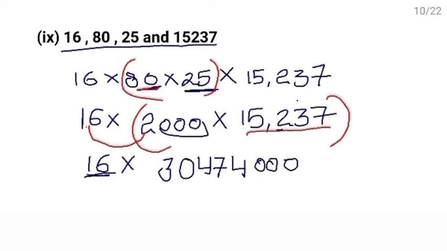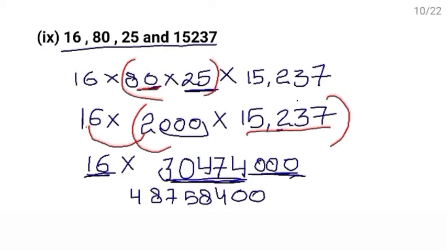Now when you multiply 16 by this number, you will get 4,87,584. Now put the zeros. How many zeros were there? 3. So put 3 zeros. This is your answer.